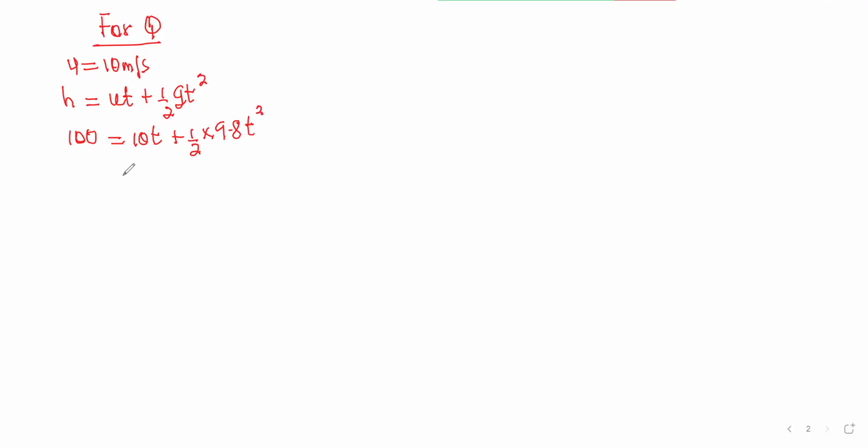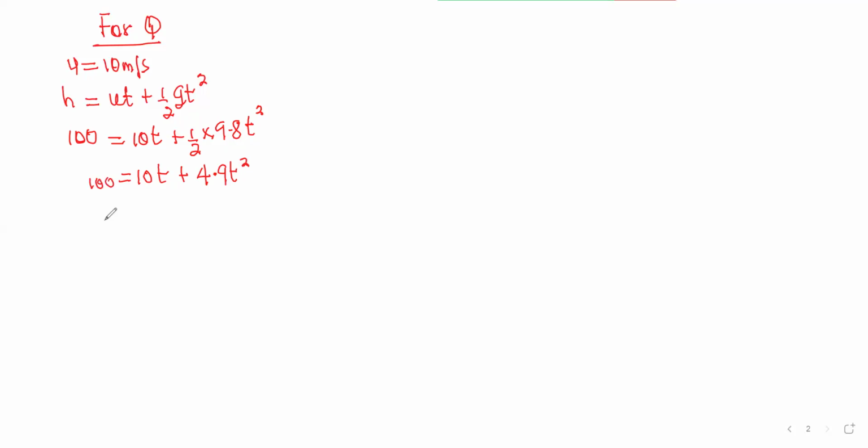So we have 10T plus, what is 9.8 divided by 2? We have 4.9 T squared.